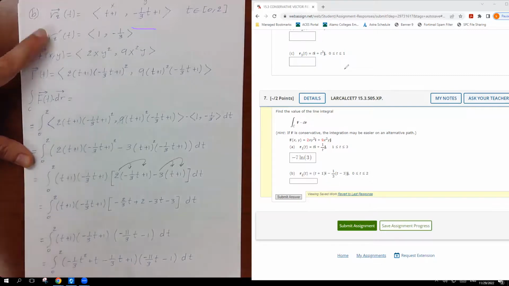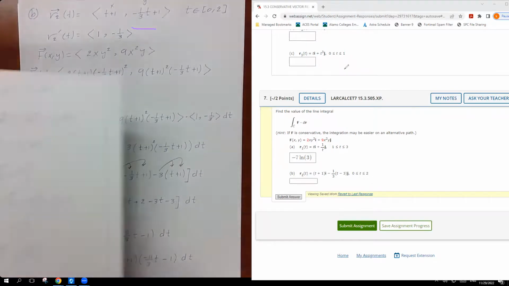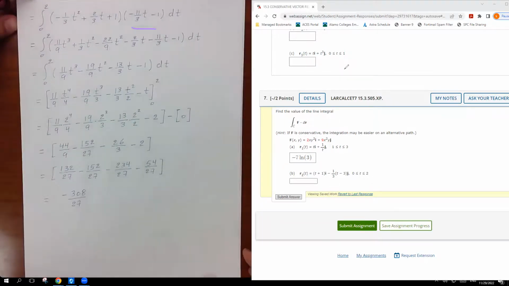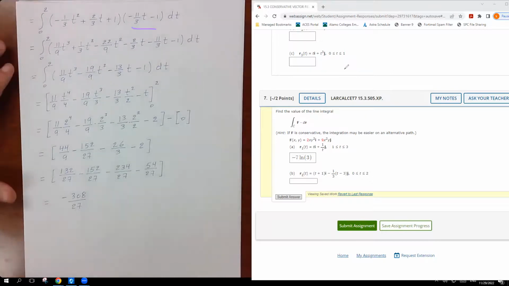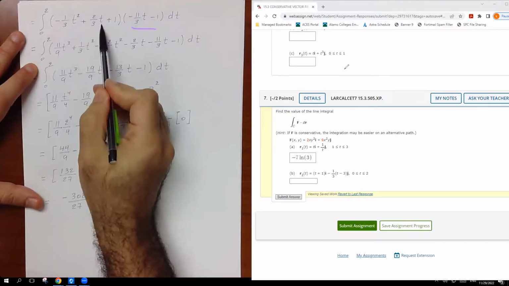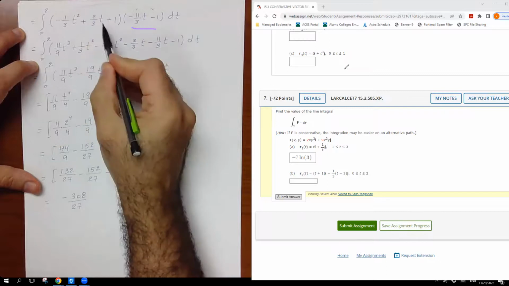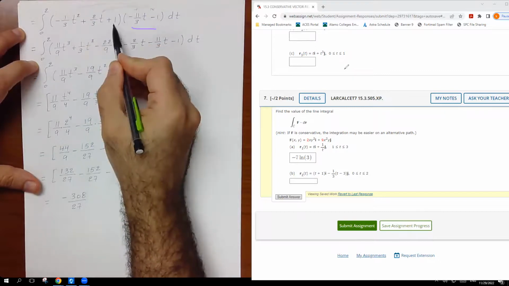Combine like terms. So we can combine like terms here. We're going to get, here is the next step. So after combining the like terms, we're going to get this one. Then we're going to distribute here by FOIL, and this one also on 1.